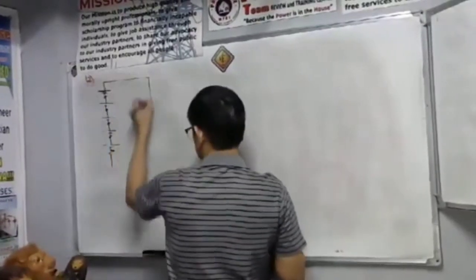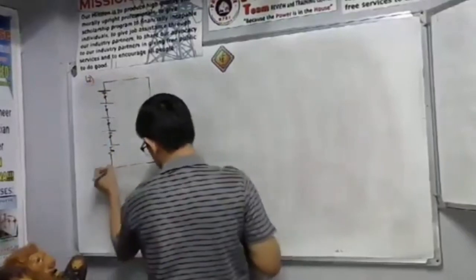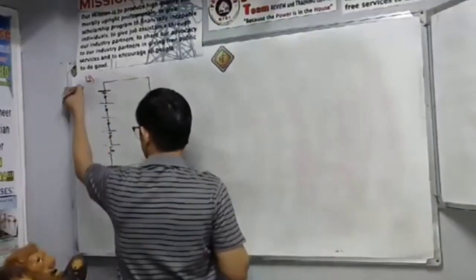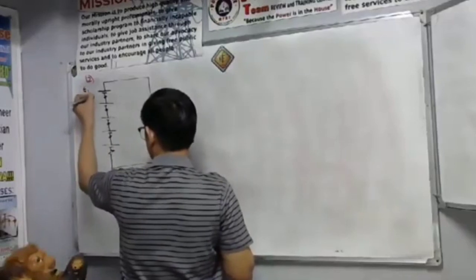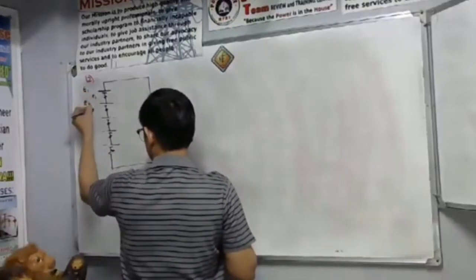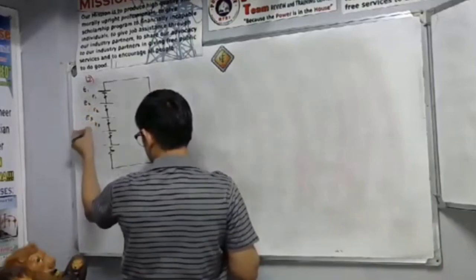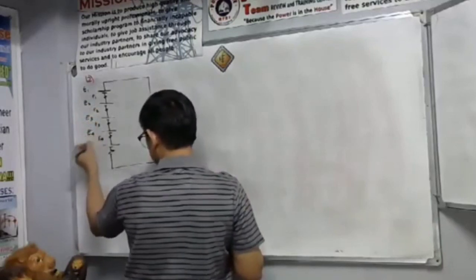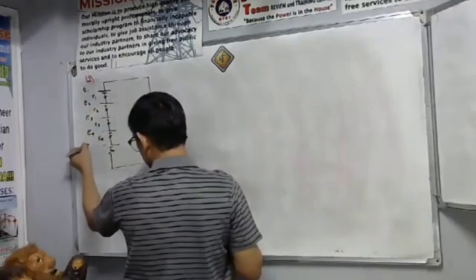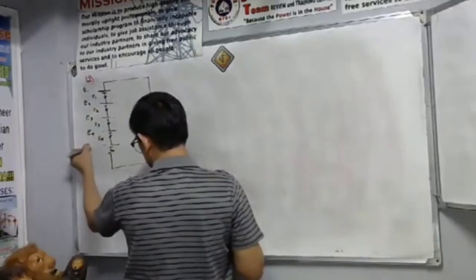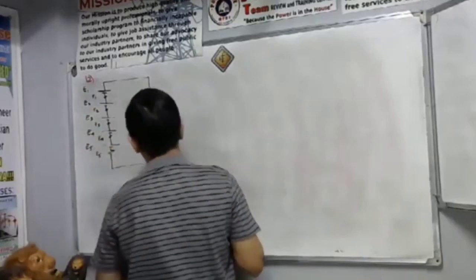We have 5 cells here. So let us put here E sub 1, R1, E sub 2, R2, E sub 3, R3, E sub 4, R4, E sub 5, R5.